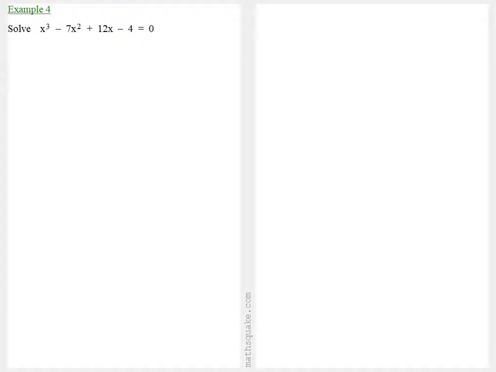If we look at a fourth example, solve x cubed minus 7x squared plus 12x minus 4 equals 0. We have f(x) equals x cubed minus 7x squared plus 12x minus 4.